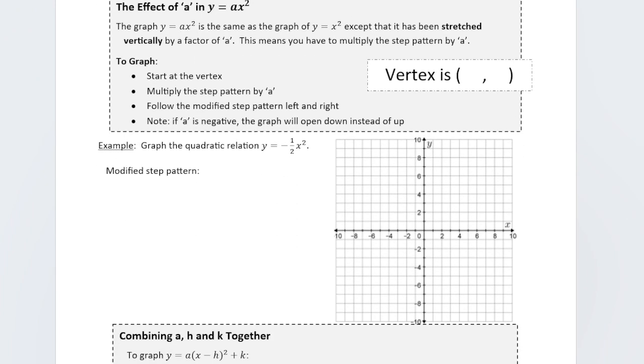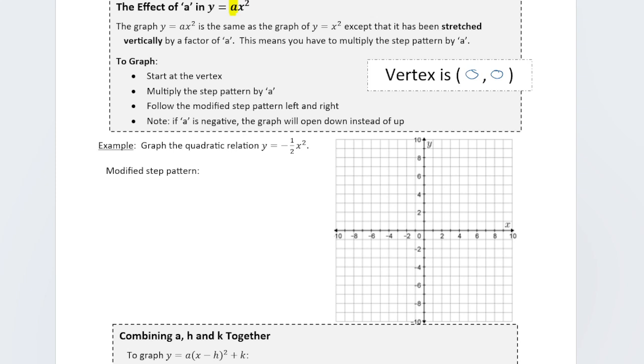A is a little bit more complicated. It's going to be a stretch or a compression. To do that, we just multiply the step pattern by whatever value is in front of our x squared. So all it's doing is stretching or compressing. It's not moving at all. So our vertex doesn't actually change at all.